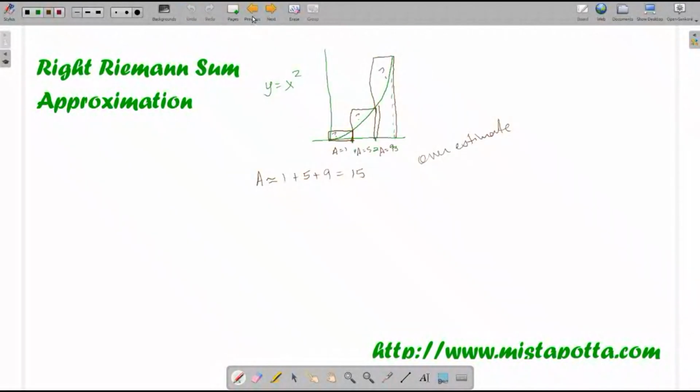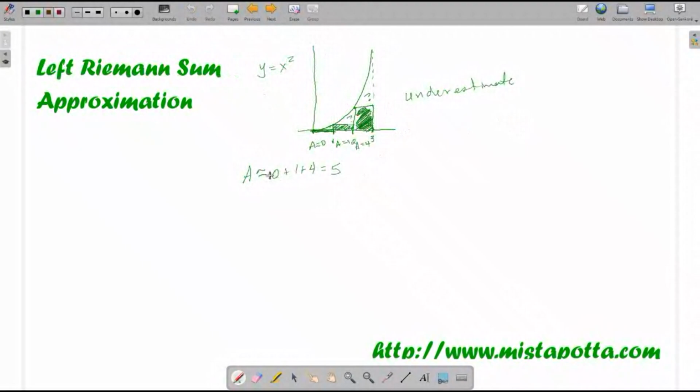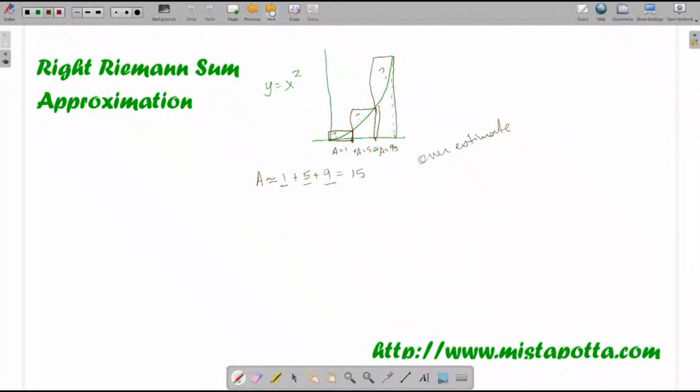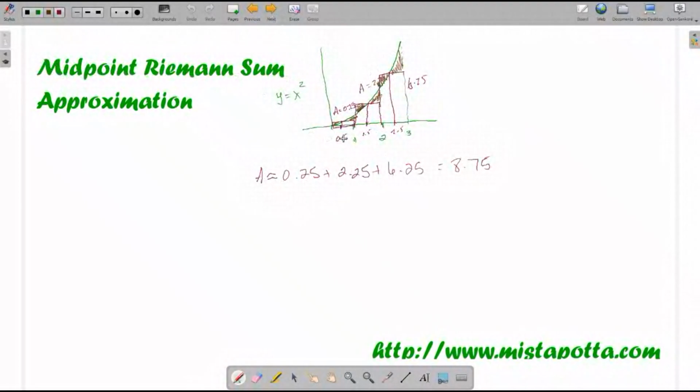What's difficult, though, is in our previous two examples, when I looked at the right Riemann sum, the right endpoint determined, and so I'm just squaring integers. When I looked at the left Riemann sum, my left endpoint determined, and I was just squaring integers. But when I'm looking at this midpoint, my midpoints are decimals, and so I'm squaring decimal values.